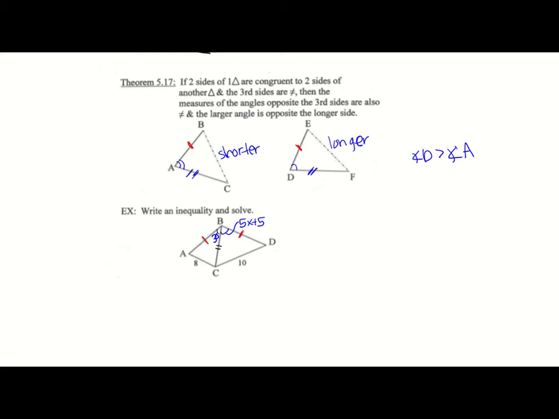So then we know that our angle here, 30, and our angle here, 5x plus 5, need to be different. If this side is larger than this side, we know 5x plus 5 is going to be greater than 30.